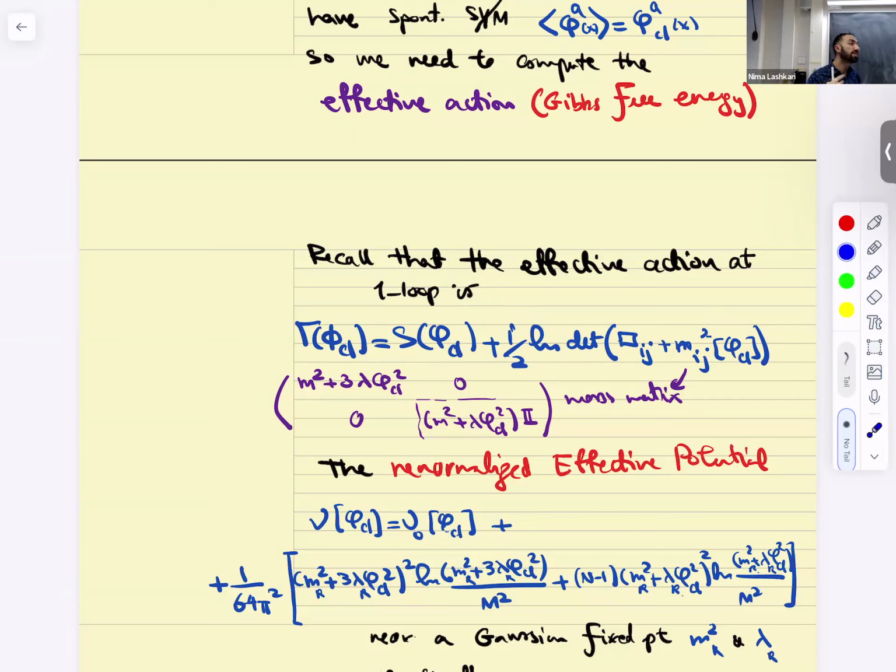We're going to end up with still O(N-1) symmetry in the remaining pi's. Sigma and pi was how we called them. The corresponding masses for sigma and these pi fields are going to be different. One of them has 3 lambda phi classical squared. The other one has this.